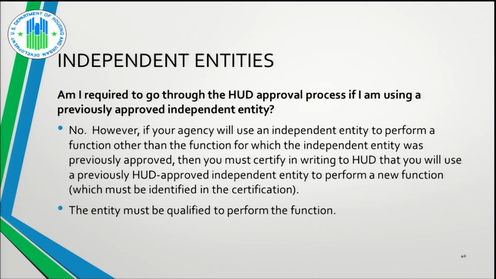Also, the independent entity has to be qualified to perform that new function. For example, if your PHA was previously approved to use a law firm as an independent entity to review the PVV selection process, it may not be appropriate for that law firm to perform inspections. So that's what that means.